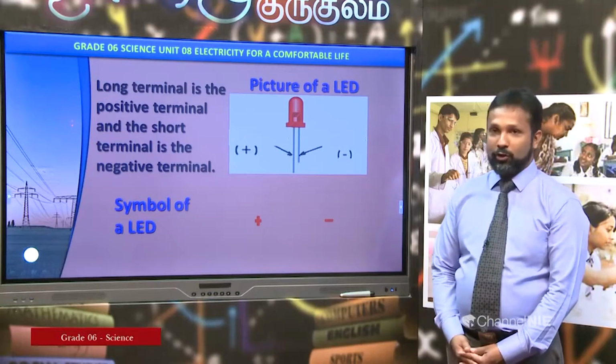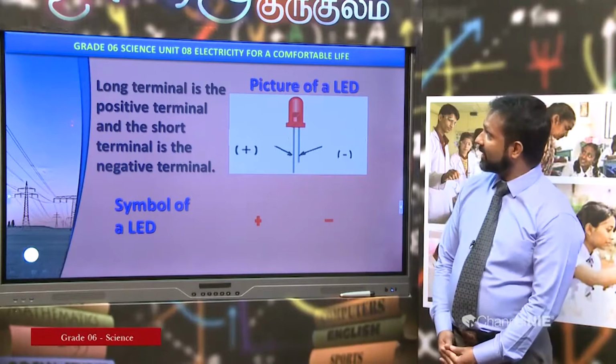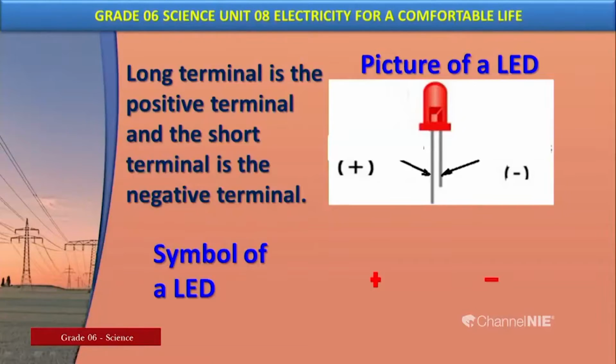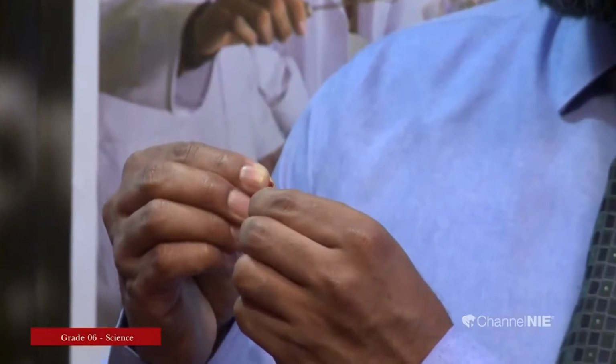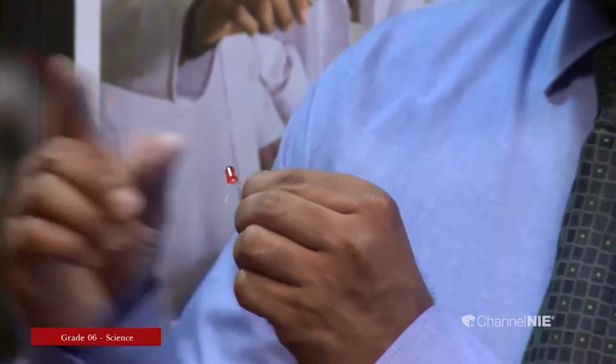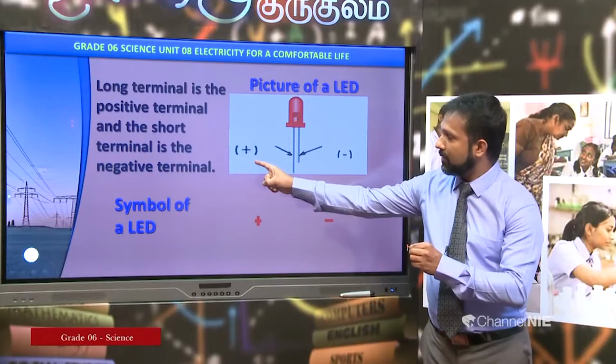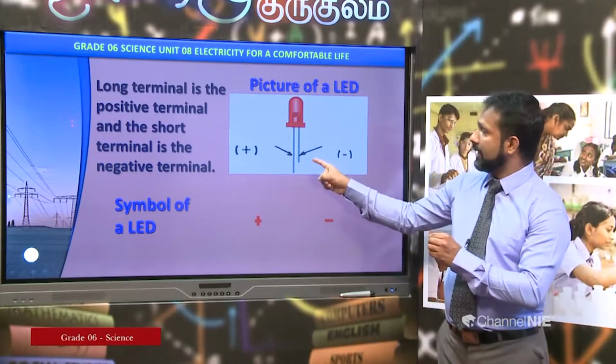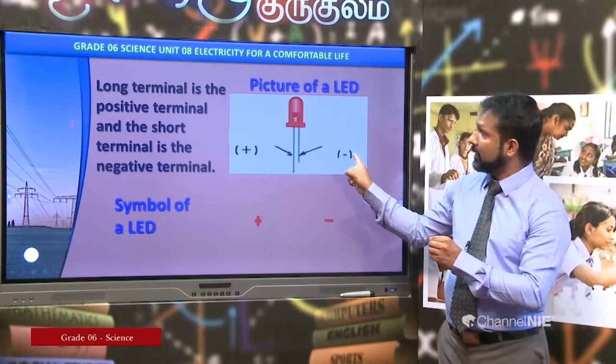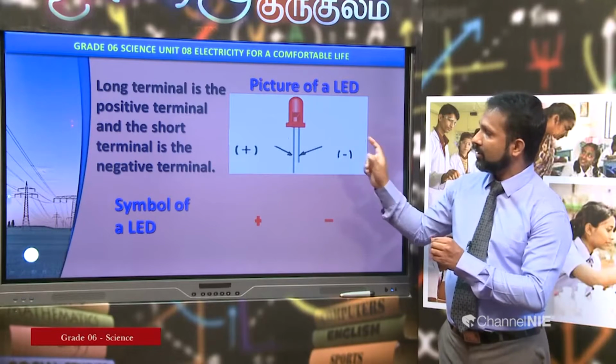This diagram shows you a picture of an LED. You know, my dear children, an LED consists of a long terminal and a short terminal. The long terminal is the positive terminal, and the short terminal is the negative terminal of the LED.